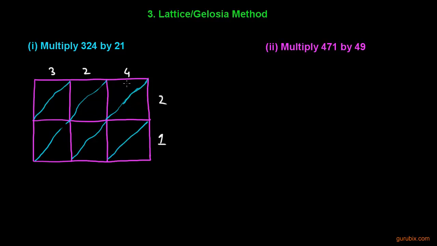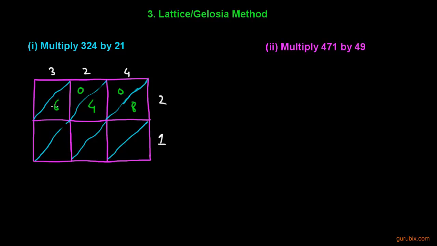And now we shall start multiplying these digits of the two numbers. First of all, we shall multiply 4 with 2 to get 8, and we shall write 8 here and 0 here. Now we shall multiply 2 with 2 to get 4. We shall write 4 here and 0 here, and 3 times 2 is 6.